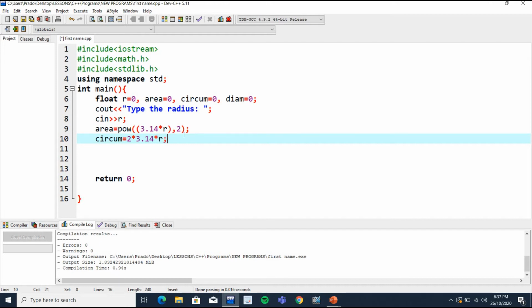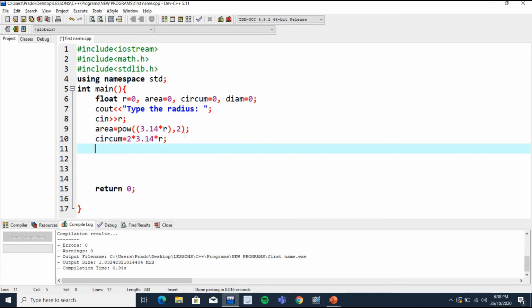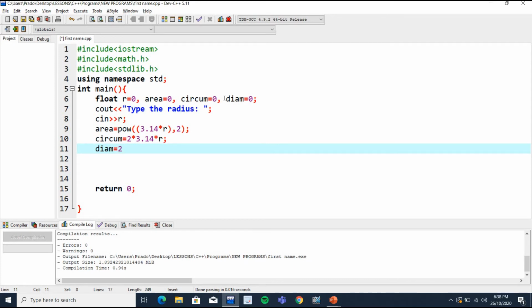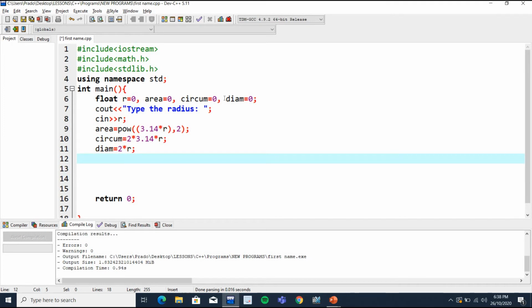So, semicolon. Next naman is yung diameter, which is yung ginamit po nating variable is diam. Diam is equals to 2 times radius. So, 2 times r, semicolon. So, tapos na po nating ilagay yung mga formula na gagamitin natin.